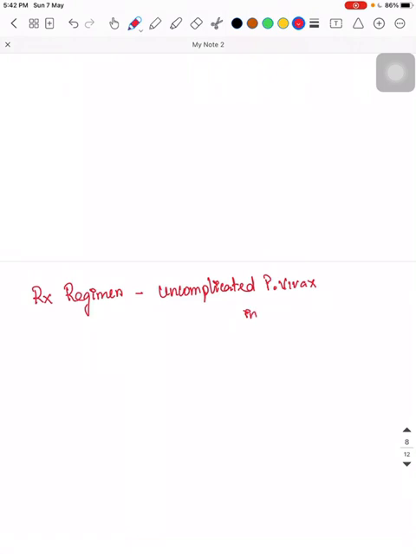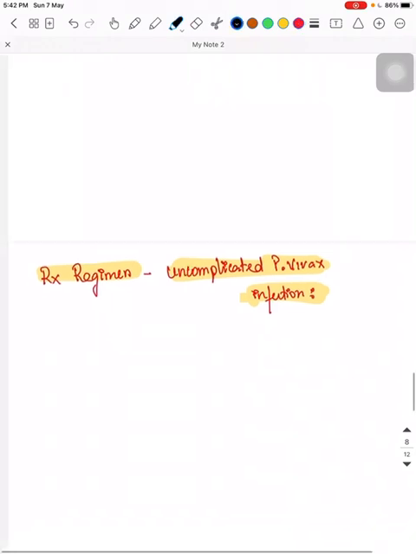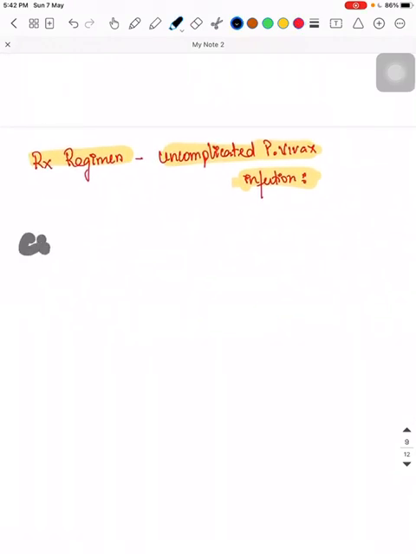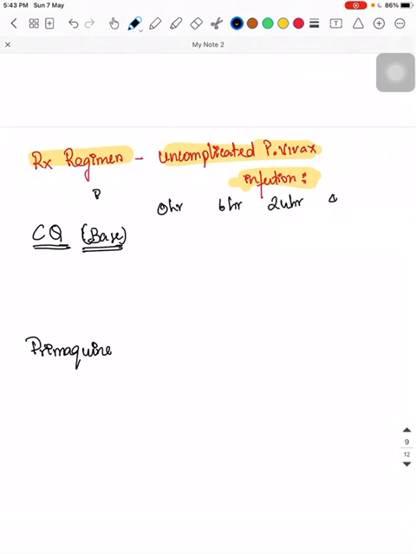When the patient is infected with uncomplicated Plasmodium vivax infection, we give drugs such as chloroquine and primaquine.